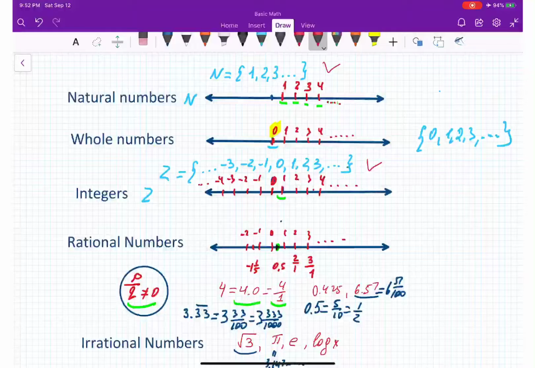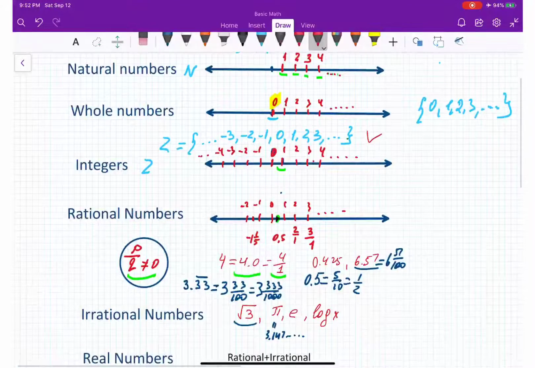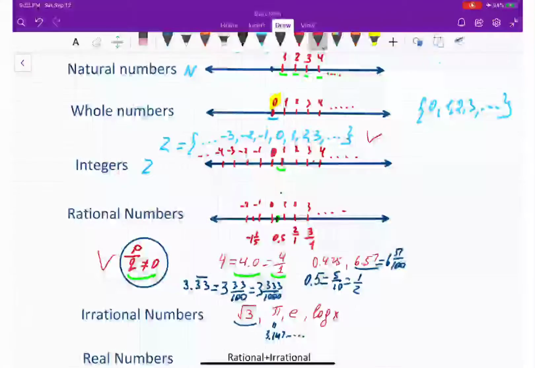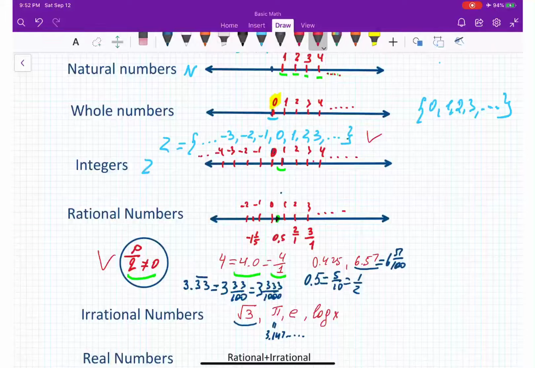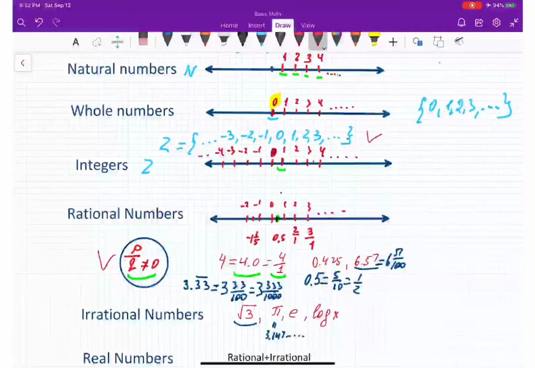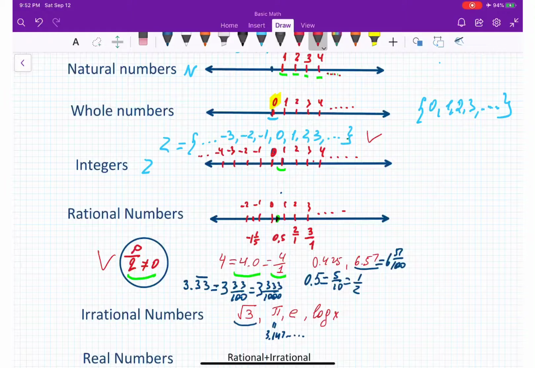Rational numbers are all numbers you can represent in the format of a fraction. As long as you can represent it in the form of a fraction, then it's a rational number. For example, if you take 3, you can represent it as 3 over 1. That means it's rational.